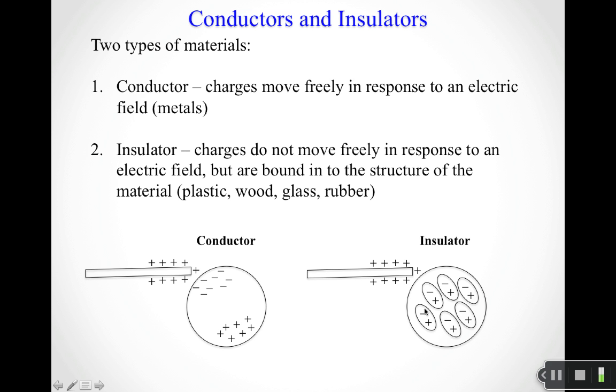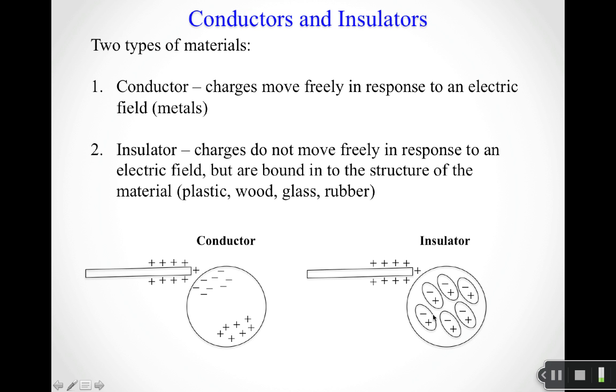With an insulator, things respond to the electric field being generated by our positive rod, but they can't get away. Because in an insulator those electrons are much more tightly bound in the structure of the atoms, you will see what's known as polarization.